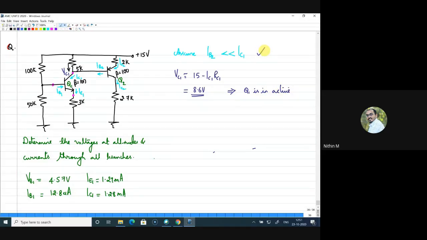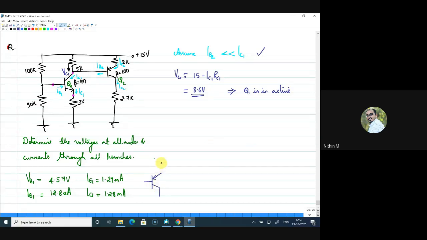Now let us look at the transistor Q2. The emitter of Q2 is connected to 15 volts through a resistance of 2K, right? If I look at a PNP transistor, this is the first time we are dealing with a PNP transistor in a numerical.